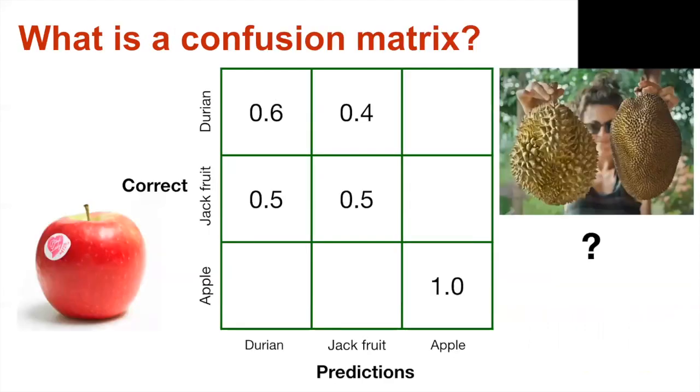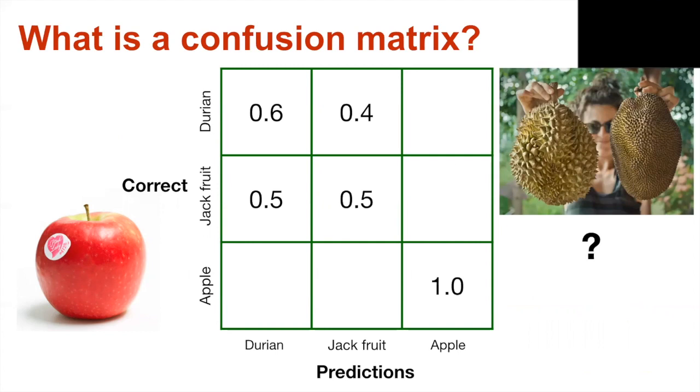Cool. So before delving into the details of the model, I'm going to tell you what a confusion matrix is. I'm sure you know what it is, but just in case. A confusion matrix characterizes the classification performance of an annotator.